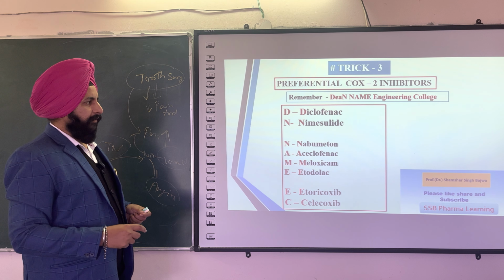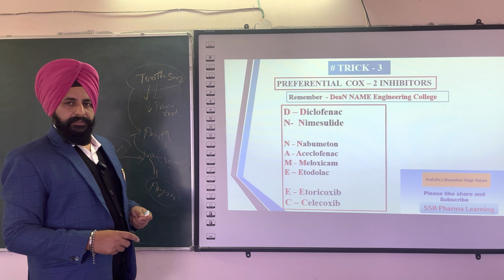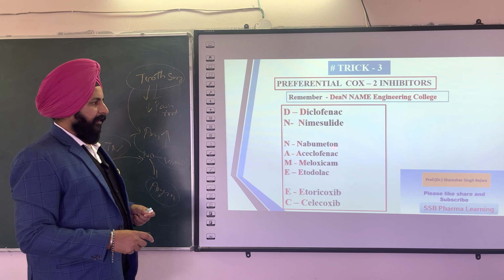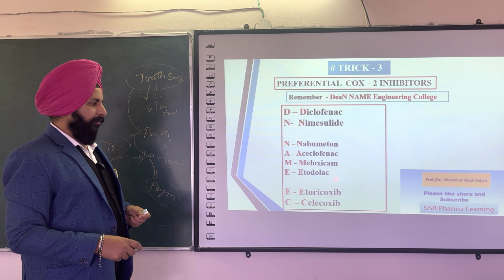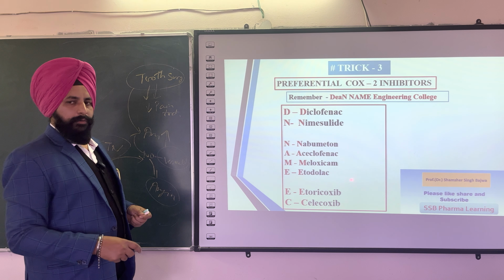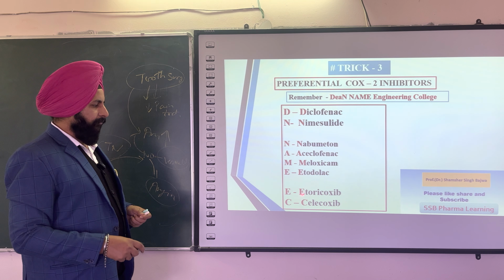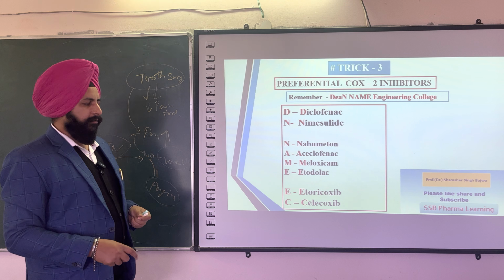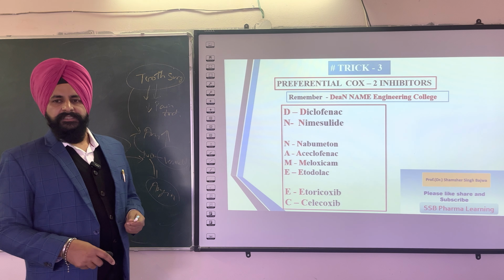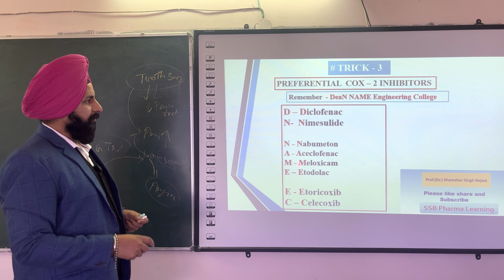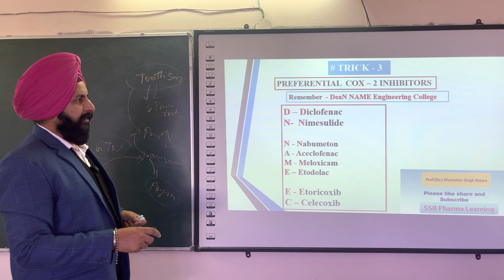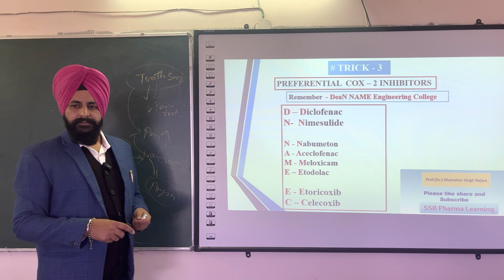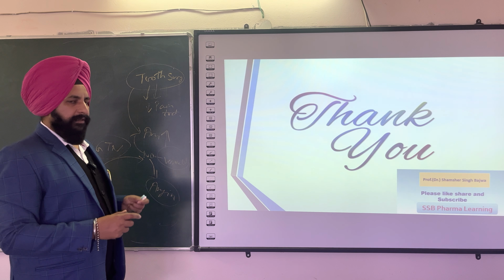D indicates diclofenac, N indicates nimesulide, N indicates nabumetone, A indicates aceclofenac, M indicates meloxicam, E indicates etodolac, and these are selective. E indicates etoricoxib and C indicates celecoxib. So you remember the COX-2 inhibitors by Dean Name Engineering College. So this was the trick you can remember.